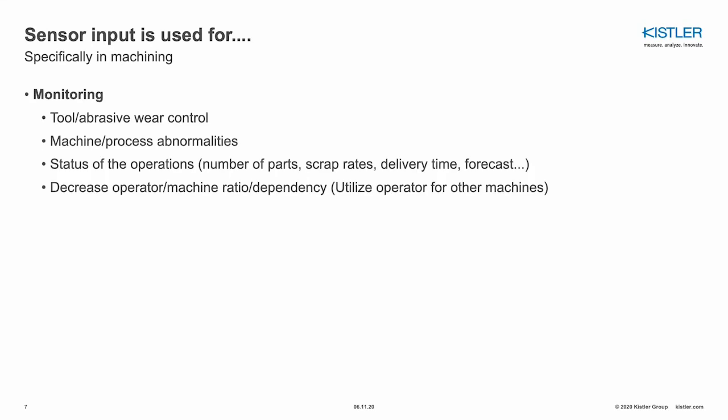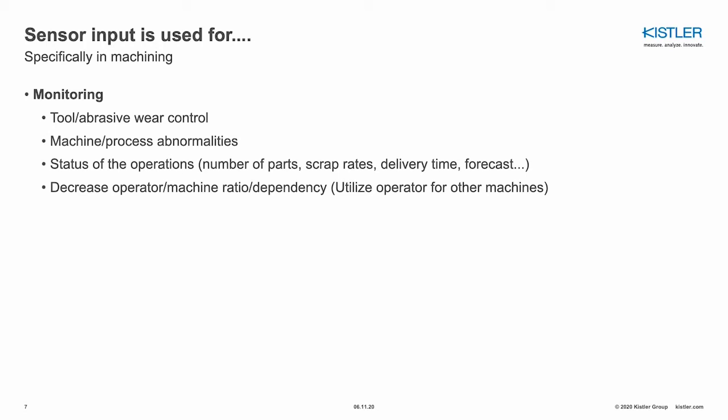So, as I said, the amount of data is getting bigger and bigger. The sensor input is very important, and if you look specifically at machining, you can utilize this data from the sensors for monitoring of certain aspects. Generally, tool wear or abrasive wear control is utilized.